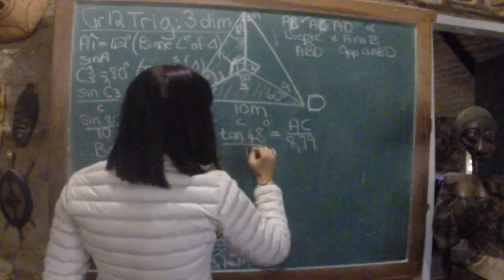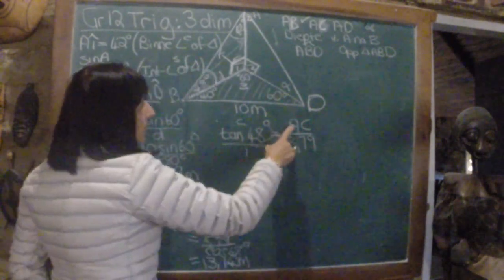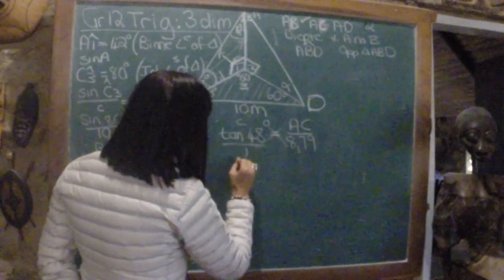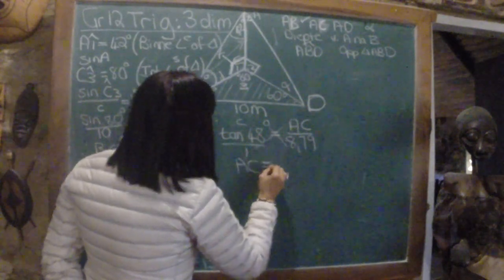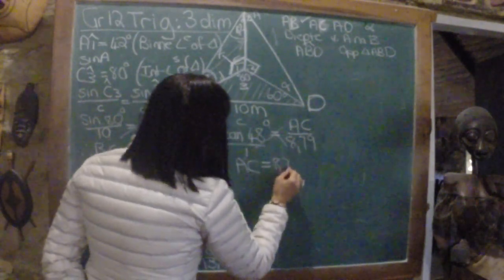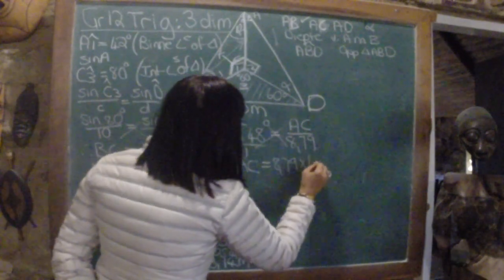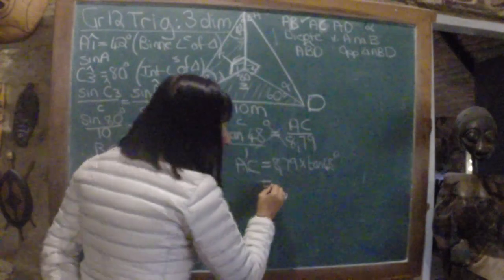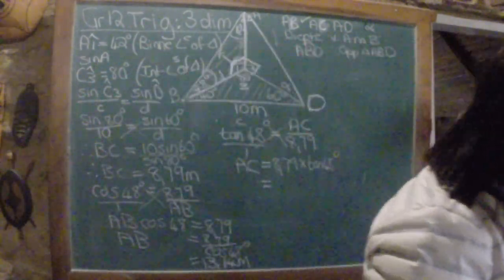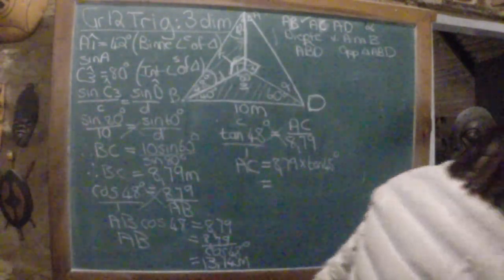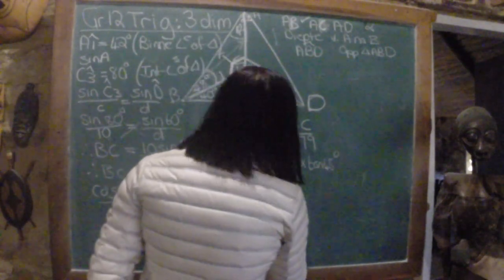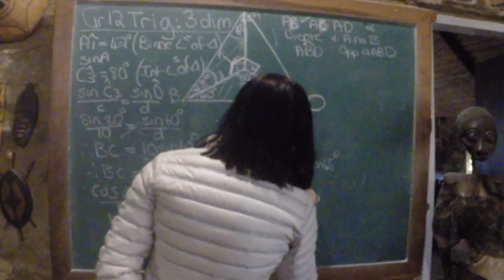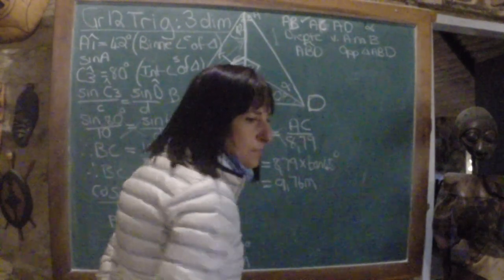Now again cross multiplication, so AC times 1 gives me AC, and I've got 8,79 maal met die tan van 48 grade, en ons het AC se lengte as 9,76 meter.